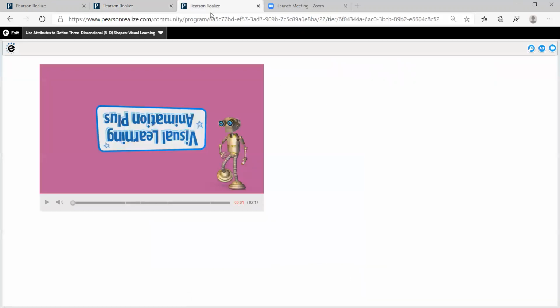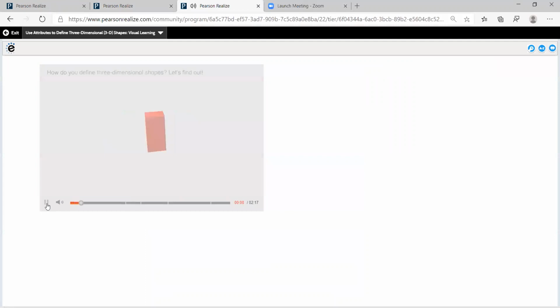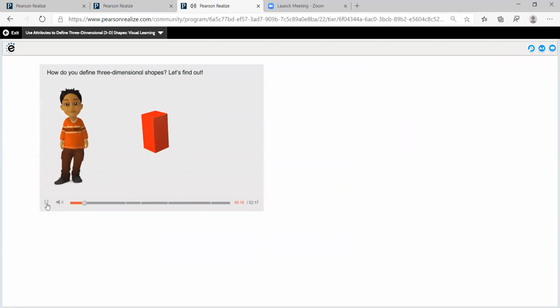Let's take a look at our visual learning. How do you define three-dimensional shapes? Let's find out.